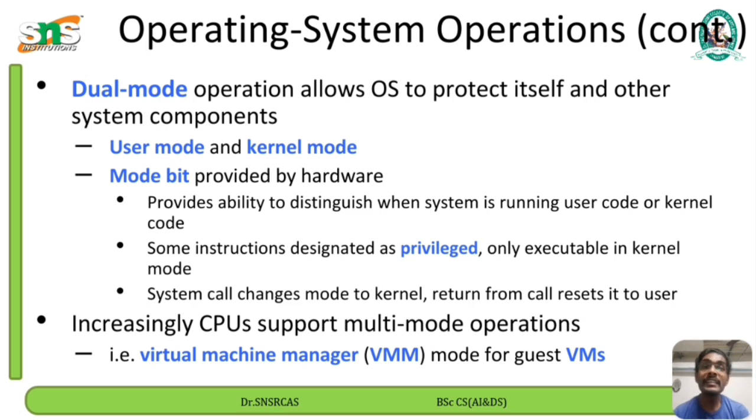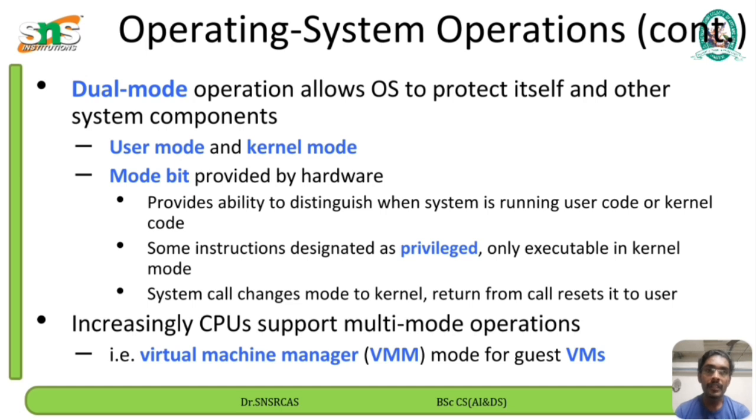If there is an interrupt or an indefinite loop or software error, the operating system automatically converts to kernel mode, and kernel mode is executed to avoid those kinds of errors. The mode bit is provided by hardware. If a continuous routine or indefinite routine makes a hardware request, the hardware gives the mode bit.